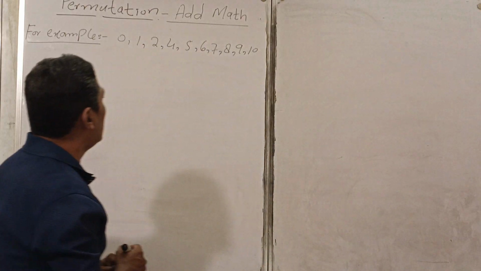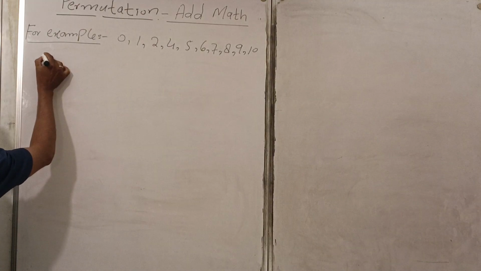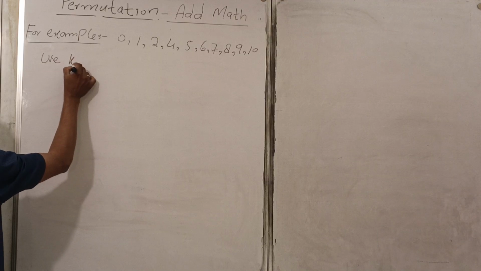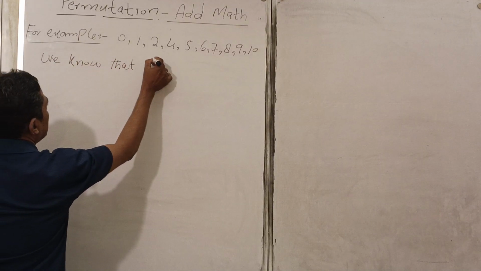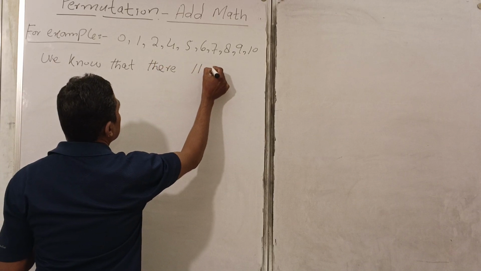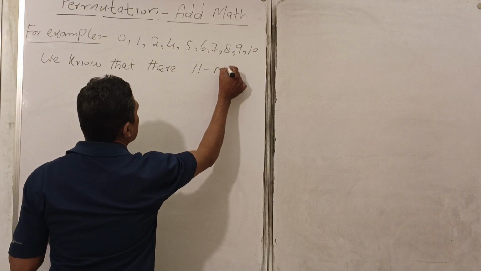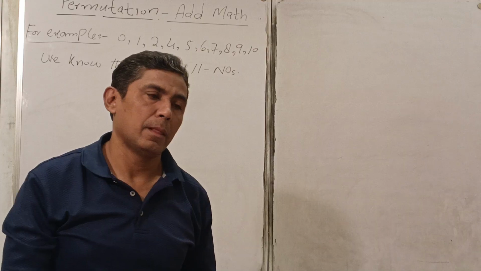Okay, so first look at this series. We know that there are 11 numbers in this series.